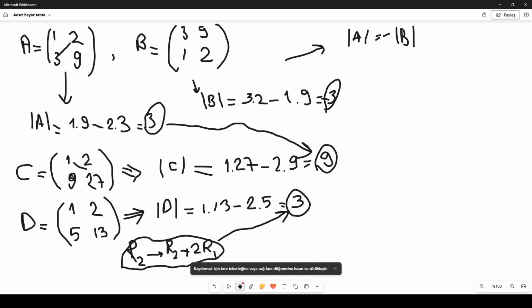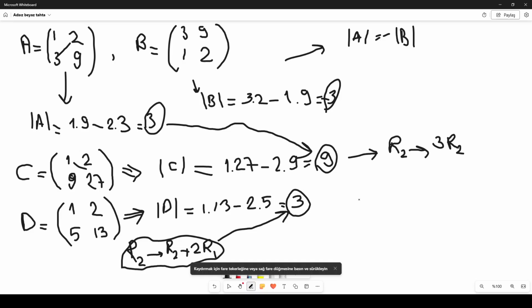For matrix C, to obtain it, I performed the second elementary row operation on matrix A, replacing row 2 by 3 times row 2. Multiplying row 2 by 3 changes the determinant by the same factor.